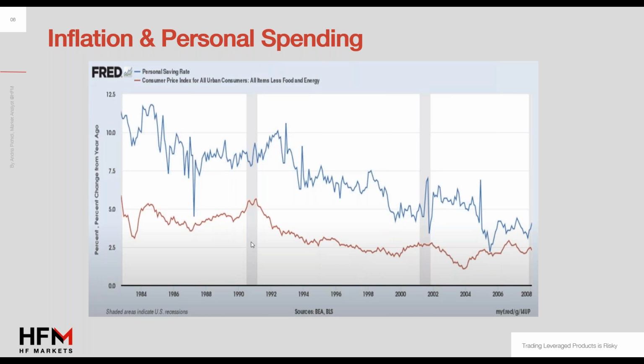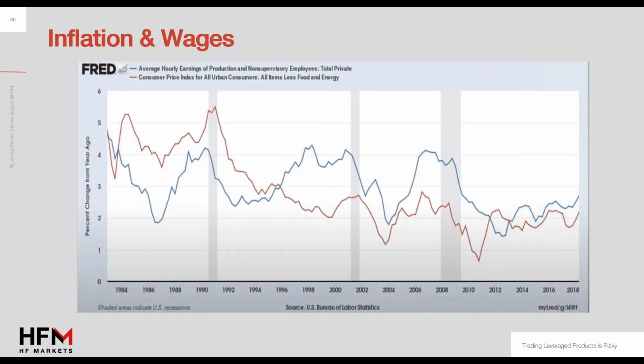So the higher the interest rates, the higher the savings, because as we said, it will mean a higher rate of return from your savings account, from your deposit, or if you have invested in government bonds, and so on and so forth. But the lower the inflation, the lower the personal consumption, because it's not as attractive as an investment, etc.